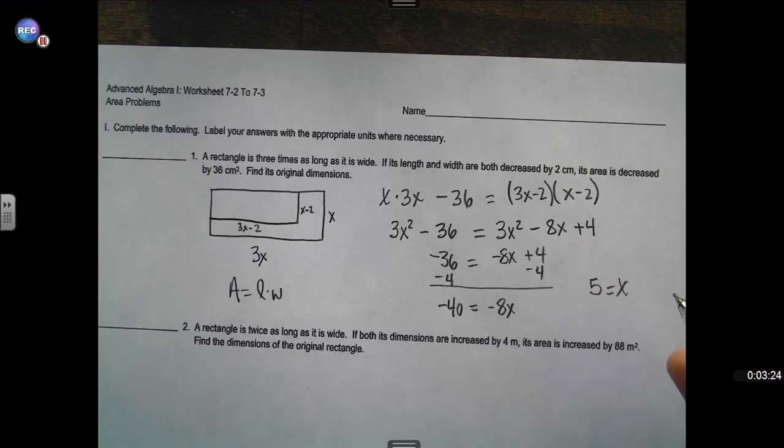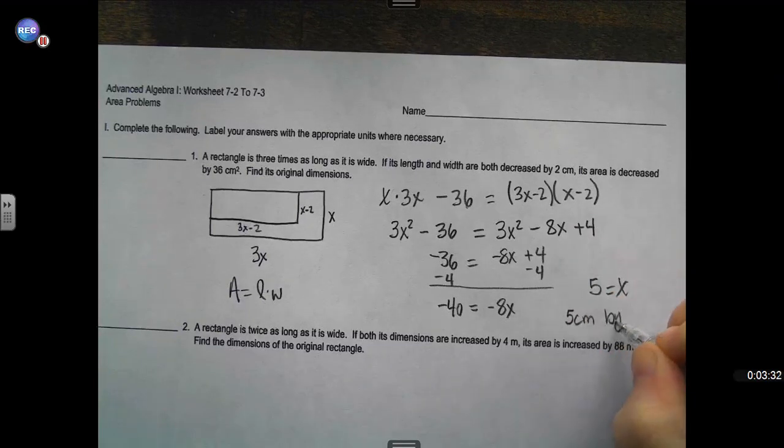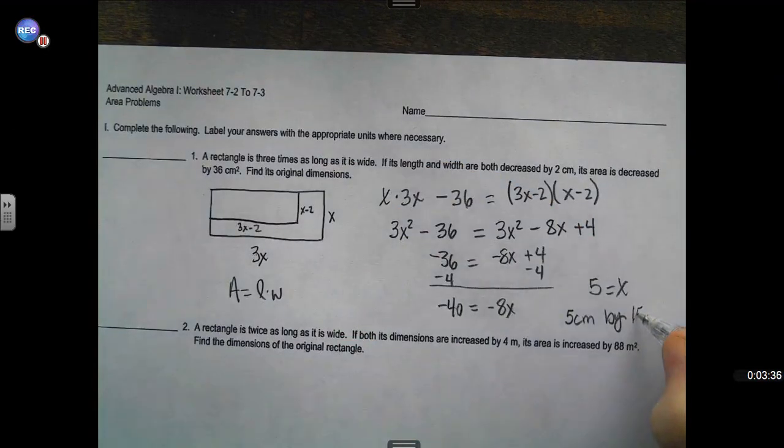And we want to find the original dimensions. So the original dimensions are going to be 5 centimeters by 3 times 5, 15 centimeters. And the answer, that's the way I'll look for your answer to be written: the dimensions with the units.